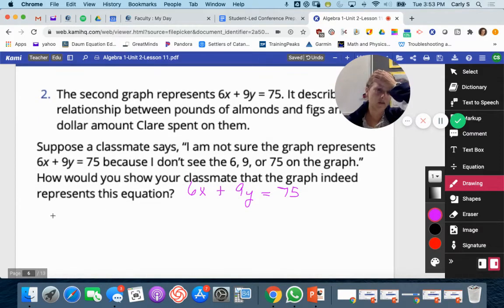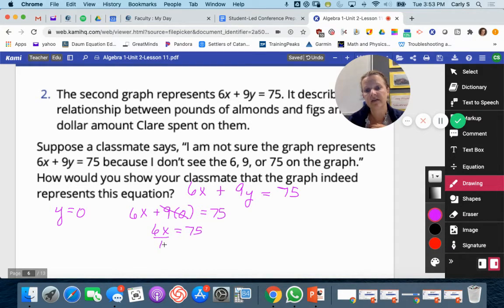So where I cross the horizontal axis, I want y to be 0 there. So I'm going to figure out what's going on when y is 0. So that cancels that term out, and I have 6x equals 75. Divide both sides by 6, and I have x equals 12.5.